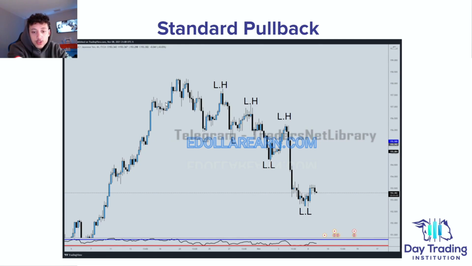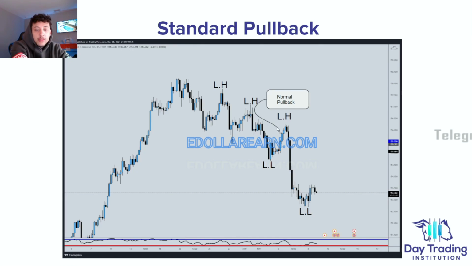So let's look at market structure here. We can see that overall there's a long bullish run, which you could even argue is a breather type of pullback, but we'll get into that later on throughout the course. Let's just look at this current trend here. We can see that price has made a lower high, then a low, then a lower high, then a lower low, then a lower high, then a lower low.